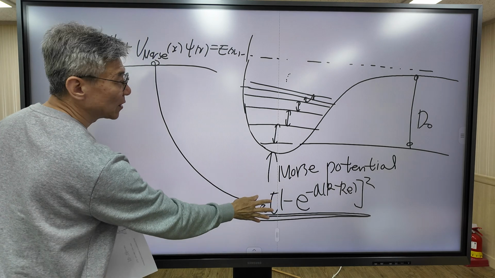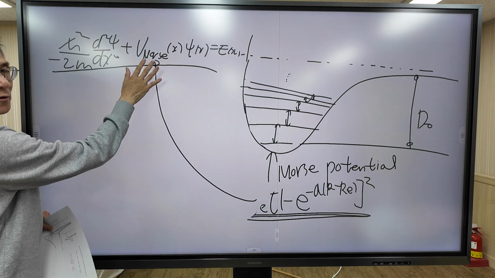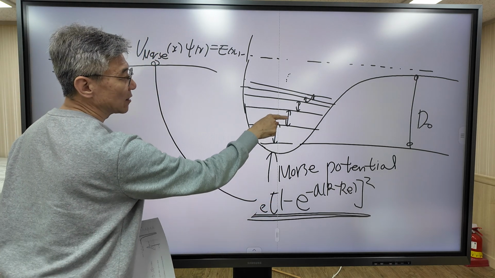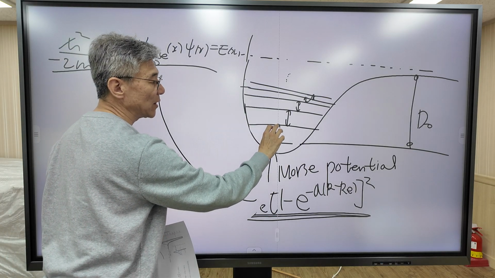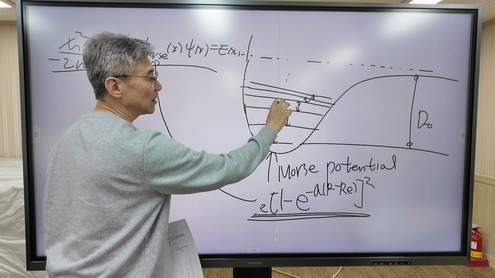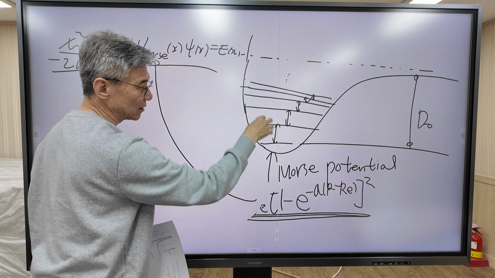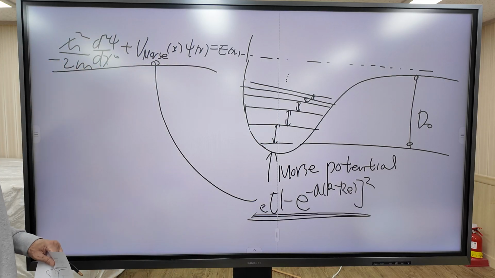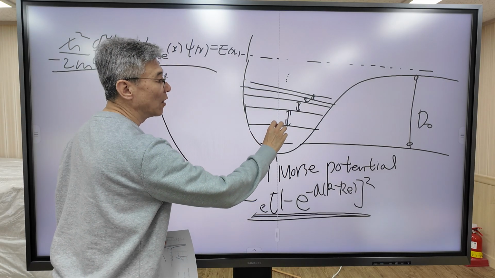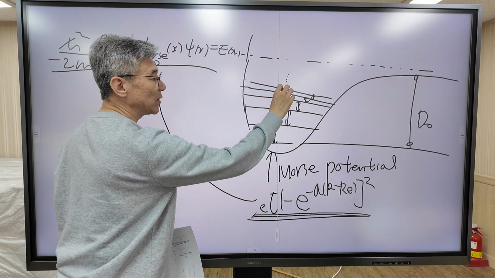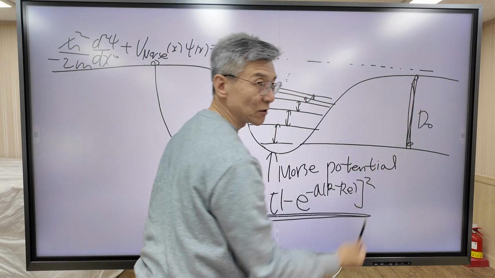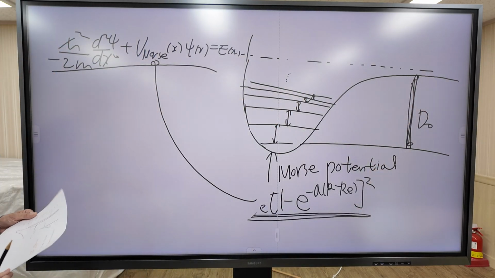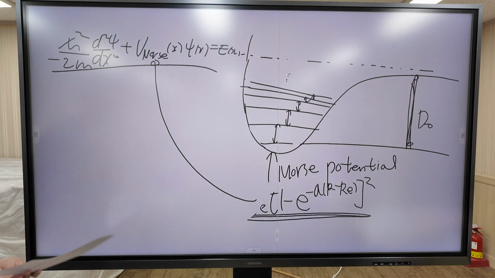When this Morse potential is put into the Schrödinger equation, you obtain this energy level. The result is that the energy level spacing is continuously decreasing. So when you add up all the energy level spacing, you finally obtain the bond dissociation energy. Okay, turn to the next page.